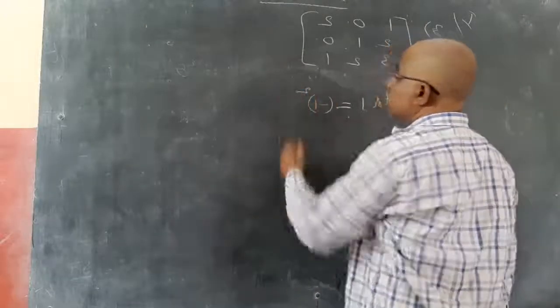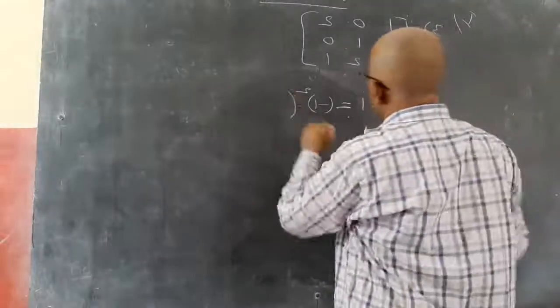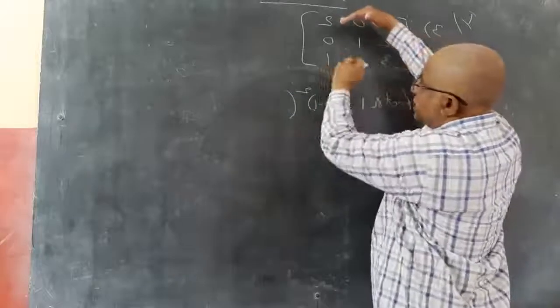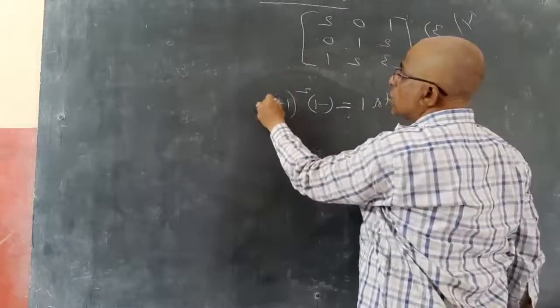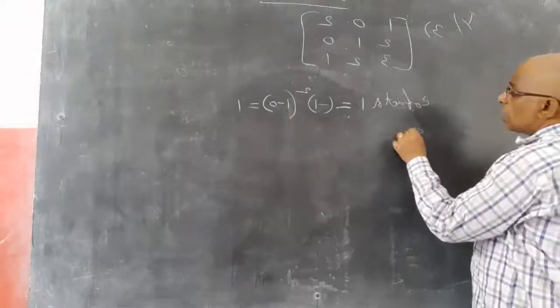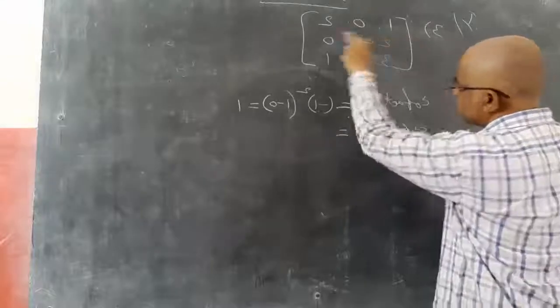First row, first column, power 1 plus 1, 2, into its minor. Closing this row and this column, we get 1 minus 0, so it becomes 1.